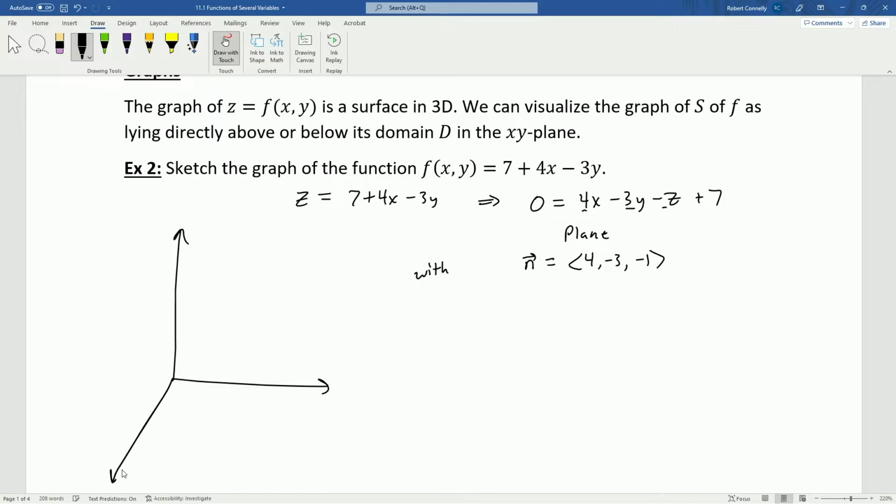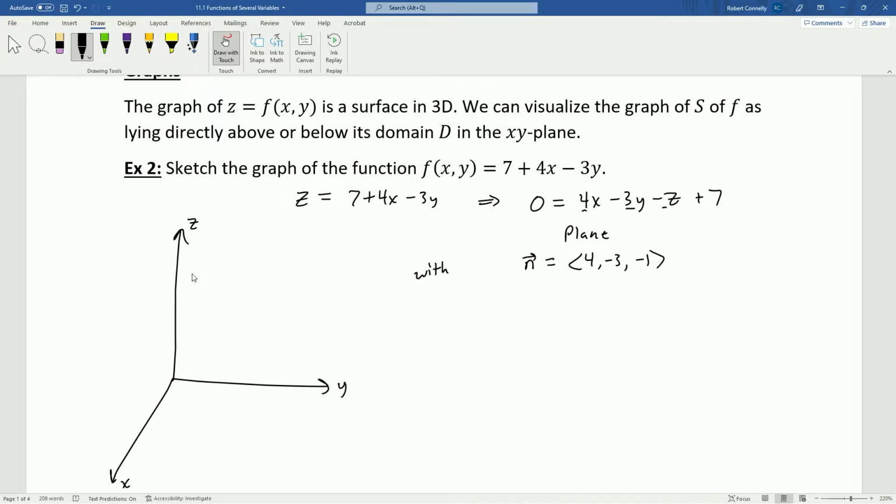I think it's often easiest to get your bearings by plotting a single point and then try to graph the shape around it. I think it makes it easier to make the picture look right.